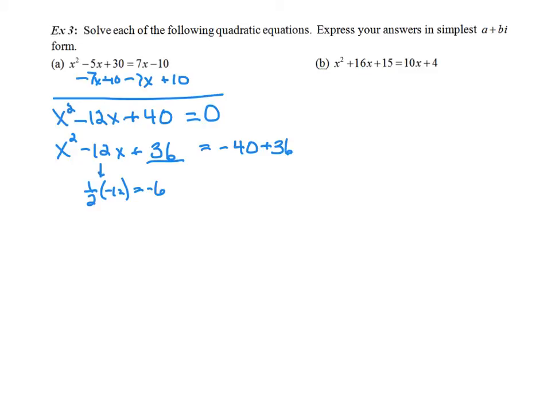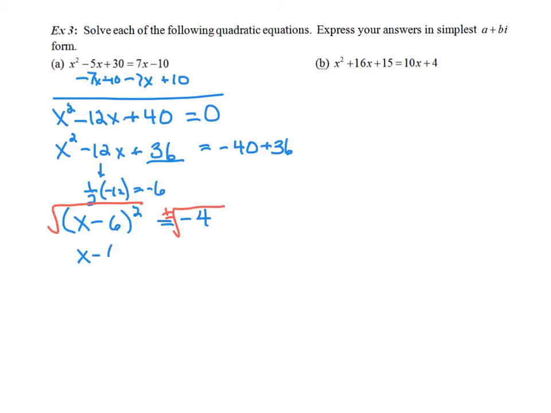Factoring on the left side, we're always going to use our half number in our factor. So that's going to give us an x minus 6 squared. On the right side, -40 plus 36, -4. Now go ahead and take the square root on both sides. On the side with the number, we'll do the positive and negative square root.